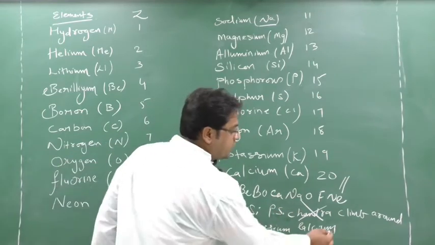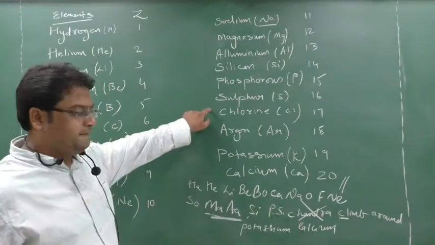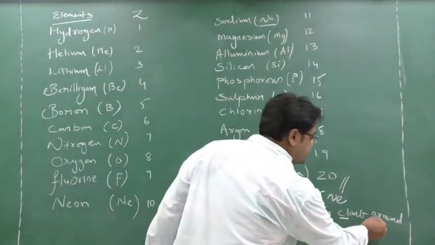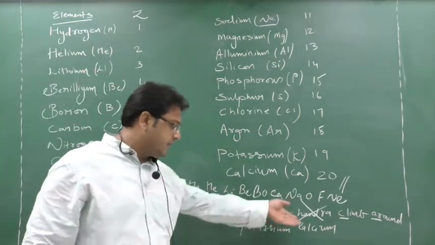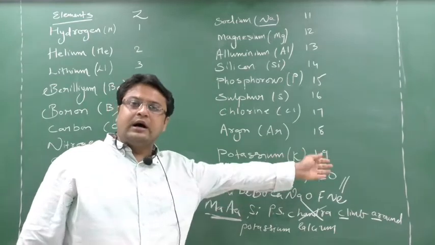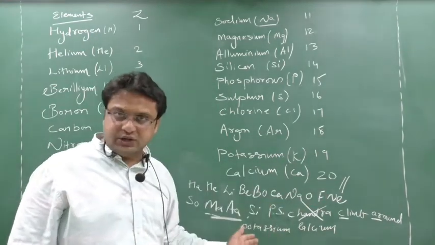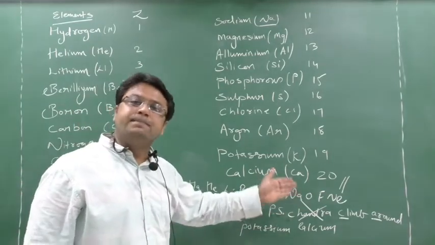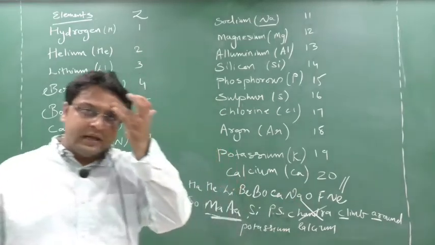Now see this climb. The first two letters are Cl, and Cl is the symbol for what? Chlorine. Ar is the symbol for what? Argon. Then potassium, calcium. Clear? So Ha, He, Li, Be, Bo, Ka, Na, O, Fa, Ni, So, Ma, A, Si, P, S, Chandra. Climb around. Potassium, calcium. Please cancel out Chandra. If you cancel out the Chandra, you can remember easily.